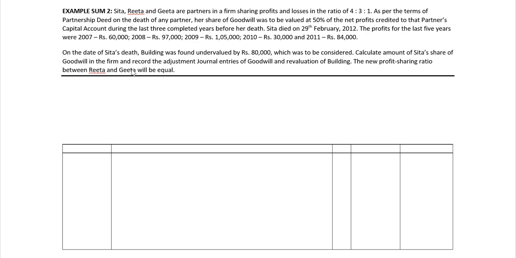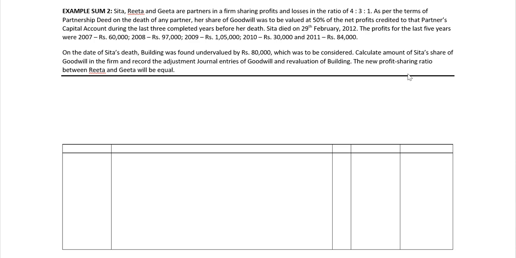On the date of Sita's death, building was found undervalued by rupees 80,000, which was to be considered. Calculate amount of Sita's share of goodwill of the firm and record the adjustment journal entries of goodwill and revaluation of building. The new profit sharing ratio between Rita and Geeta will be equal.